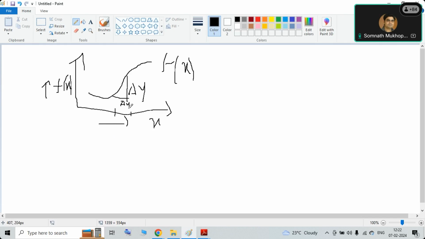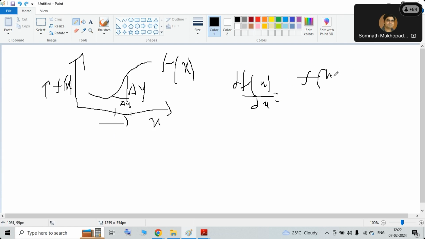Here this is our del x, and the corresponding y is increased by this amount. So this is del y. This is the gradient, or the change of y with respect to the change of x.